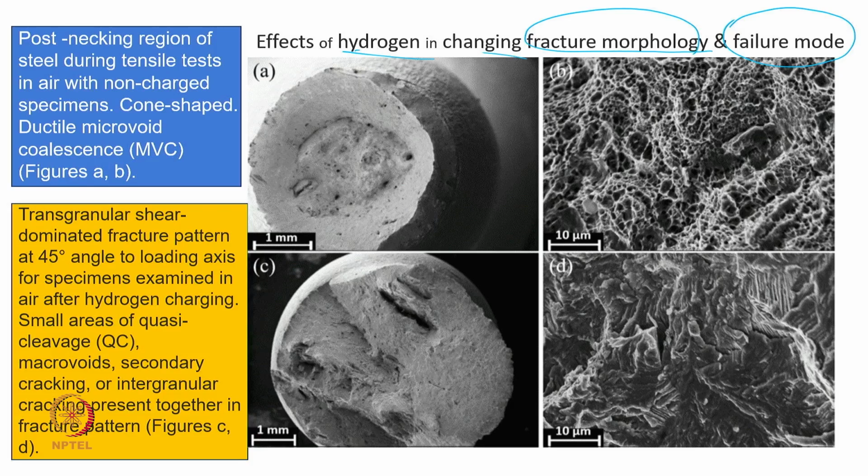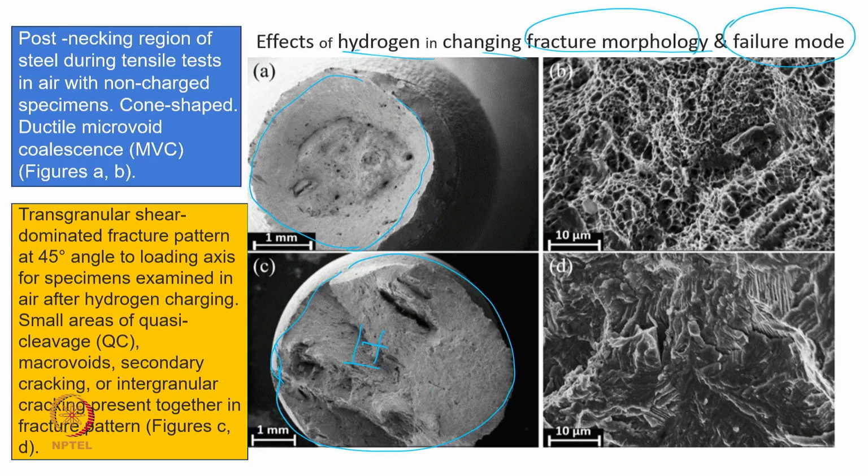In both figures we are showing the post-necking region, meaning the fracture has happened and we are showing the final surface. You can see that this is still a cup and cone kind of shape. There is a cup in this case and the other portion has a cone, while in the other case we do not find that, because it was subjected to hydrogen embrittlement. This one does not have hydrogen embrittlement.